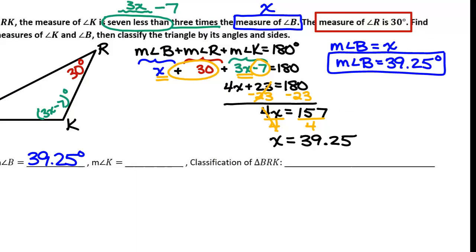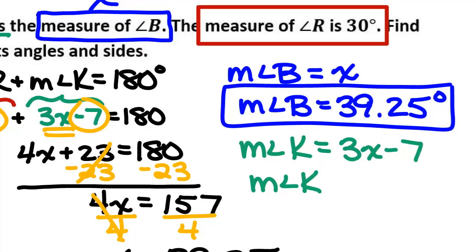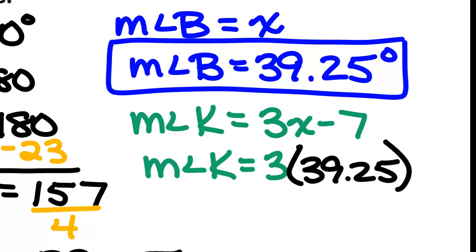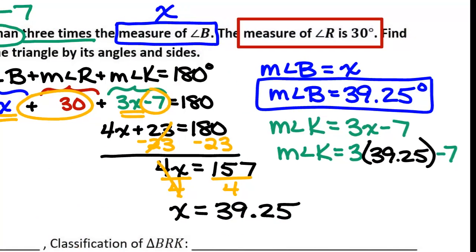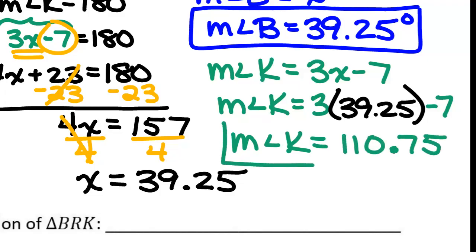Angle K is 3x minus 7, where x is 39.25. What is 3 times 39.25 minus 7? 110.75.